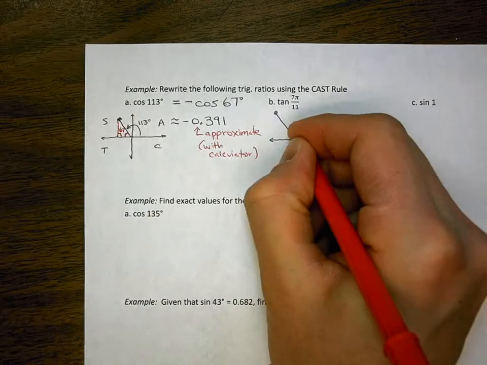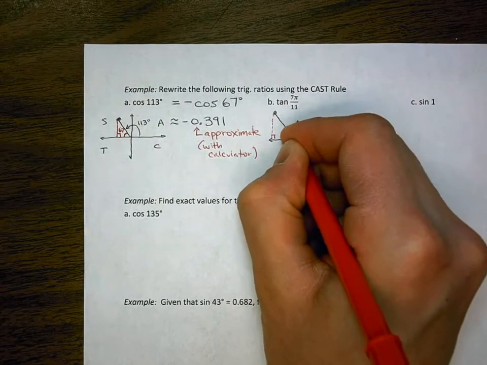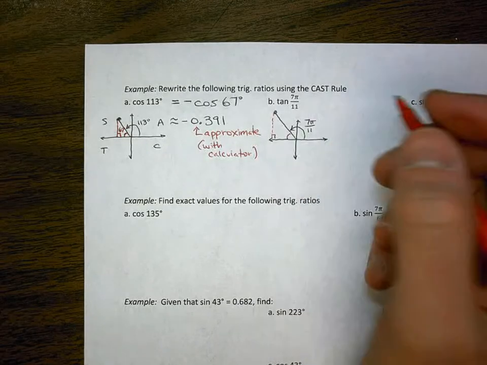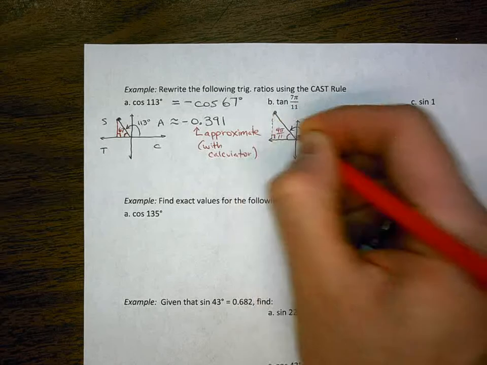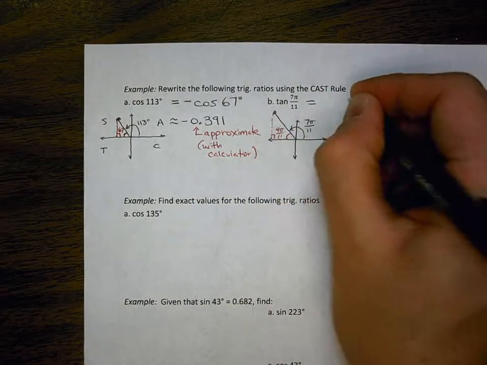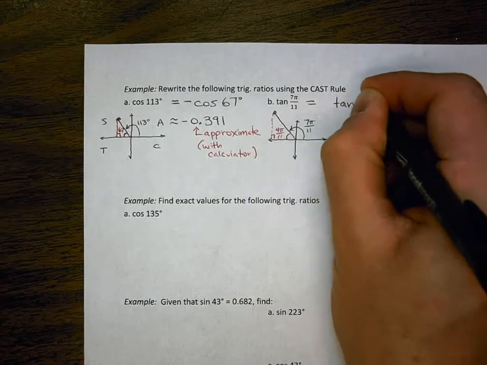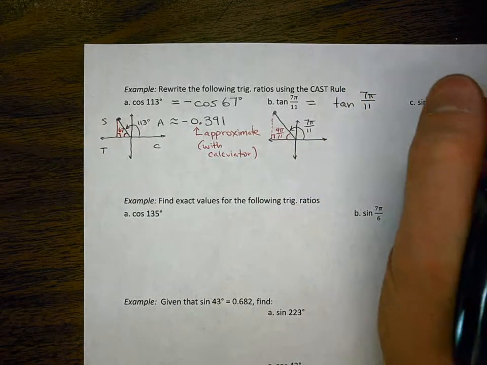Remember, then I drop a perpendicular. What is the related angle, or what's the acute friend? Well, it would be 4 pi over 11. Hopefully you're good with your fractions. So now I can rewrite this as tan 7 pi over 11, but we have to consider CAST rule.